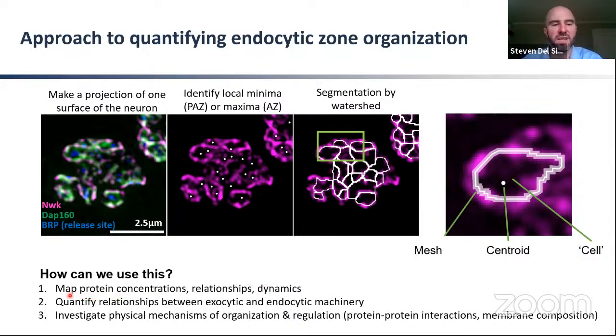We can use this to quantify the relationships between the exocytic machinery, so active zones here, and the endocytic machinery here. And finally, we can use this to look at the physical mechanisms that are able to assemble this unique, interesting micron-scale meshwork, and that includes protein-protein interactions, membrane composition, that sort of thing.